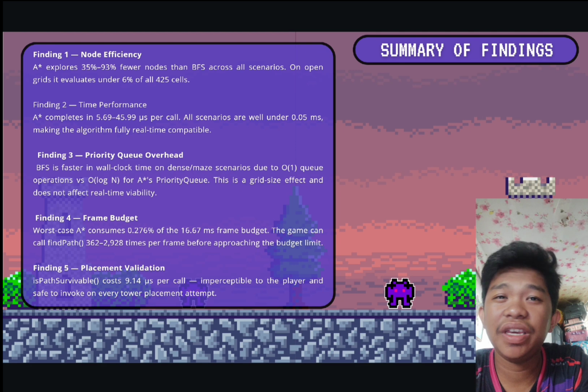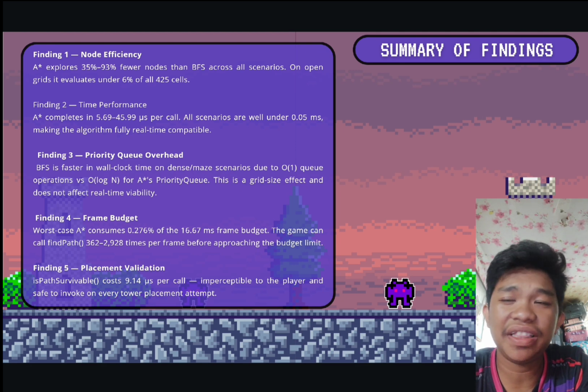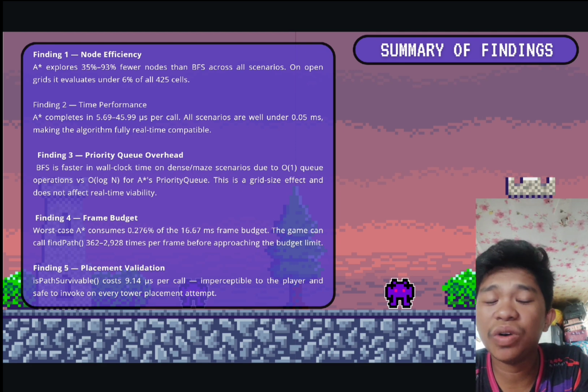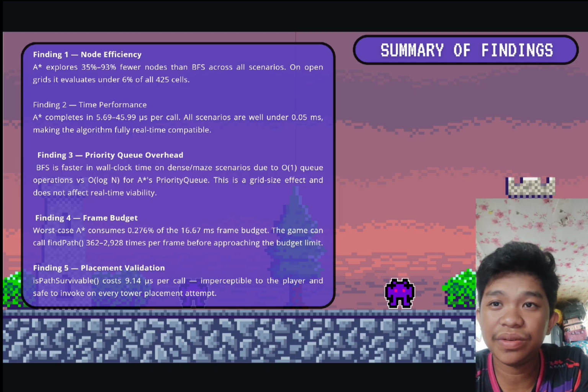So, here is the summary of our findings. Finding 1. Node efficiency. A-star explores 35 to 93% fewer nodes than BFS across all scenarios. On open grids, it evaluates under 6% of all 425 cells.